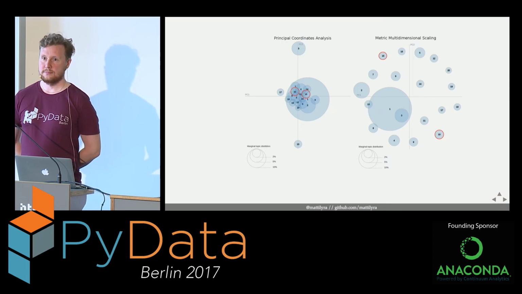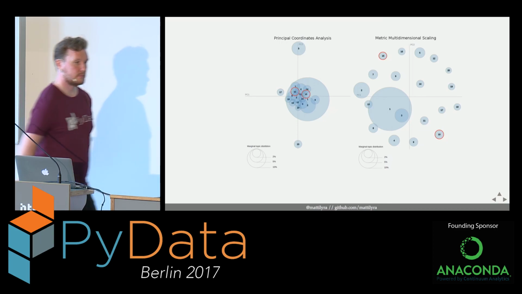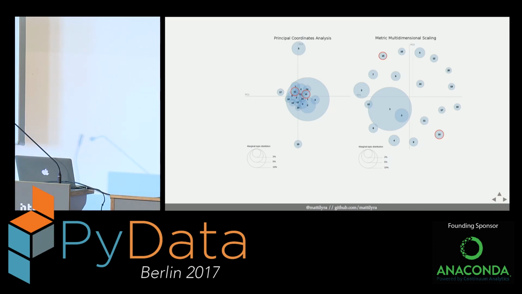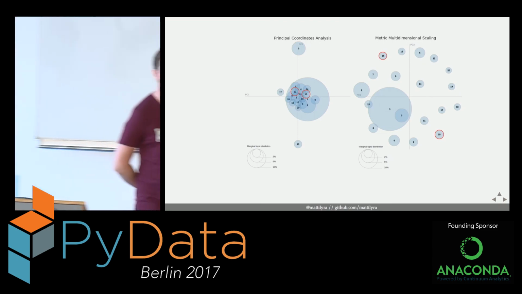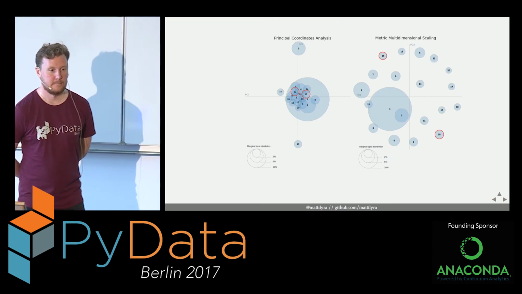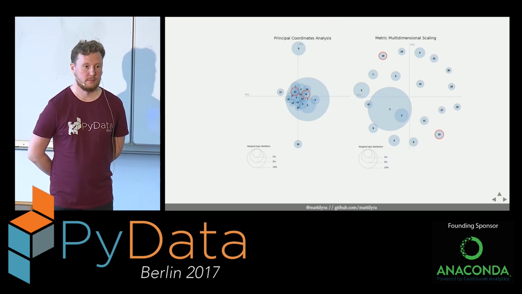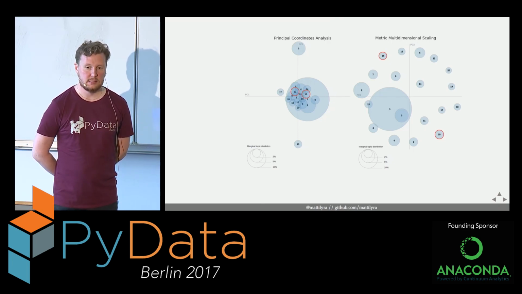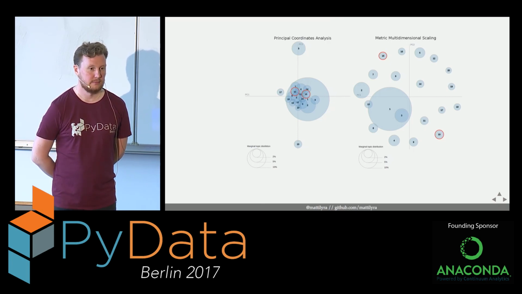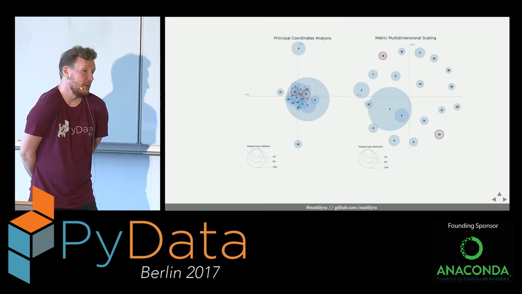Other questions? Yes. In practice, should I just choose the model where they look closer? Yeah, in practice, do all of the above. Well, it depends on what you want.